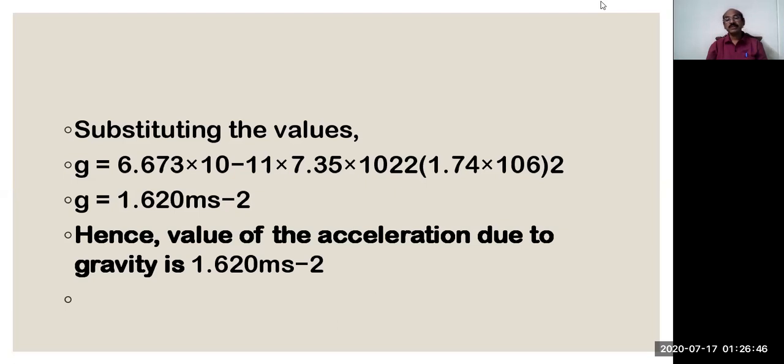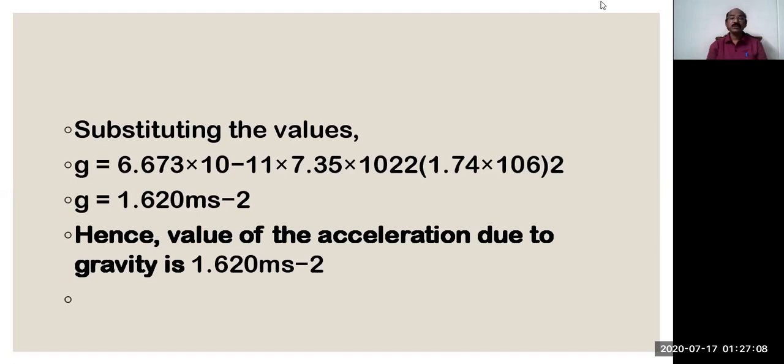Acceleration is defined as the rate of change of velocity. Only when there is a change in velocity does the body possess acceleration. That is, acceleration is equal to change in velocity divided by time.